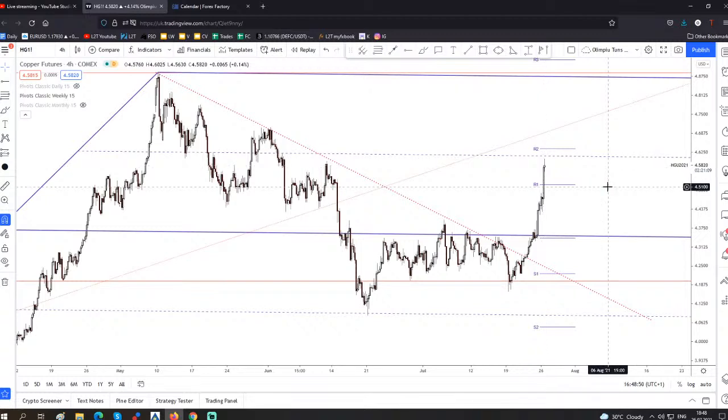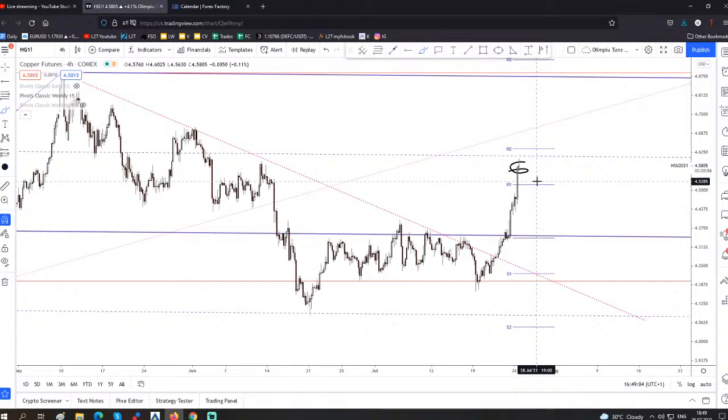Okay, we'll have to wait maybe, guys, because right now it's risky to buy it from here and to hide your stop below this former low. That's why a temporary decline towards this support zone could bring us something, and then maybe we'll hide our stop loss below this potential low.